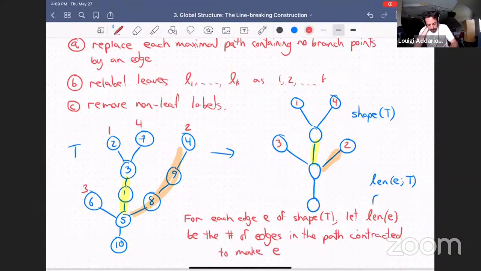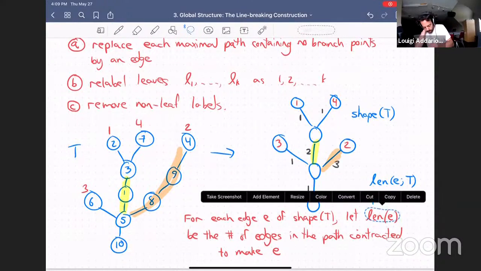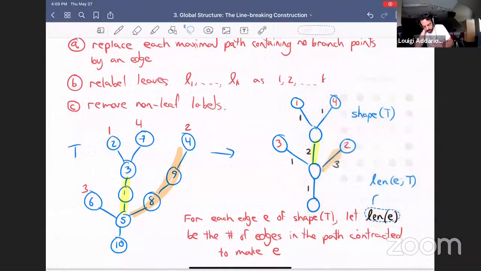So let me do that labeling here. All of these were already single edges, so they have length 1, and then this path had length 2 edges. This path had length 3. So that's the labeling by length.